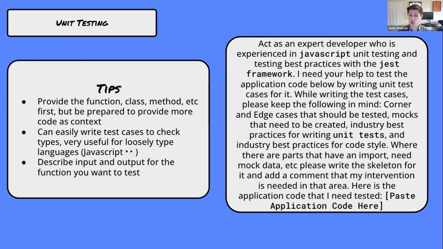It's very good at writing those types of tests, and you can very easily engineer prompts to help you with that and speed that up and get those easy cases covered, as well as describing the input and the output. The more context that you provide the model about the input and outputs of your functions or classes or methods, the better result you're going to get from the AI tool.